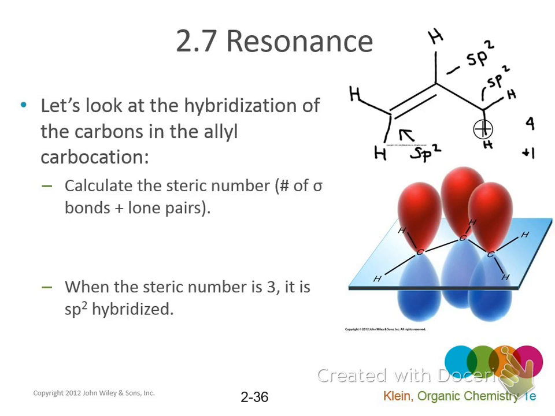Resonance only occurs on atoms or through atoms that are sp or, more commonly what we see, sp2 hybridized.